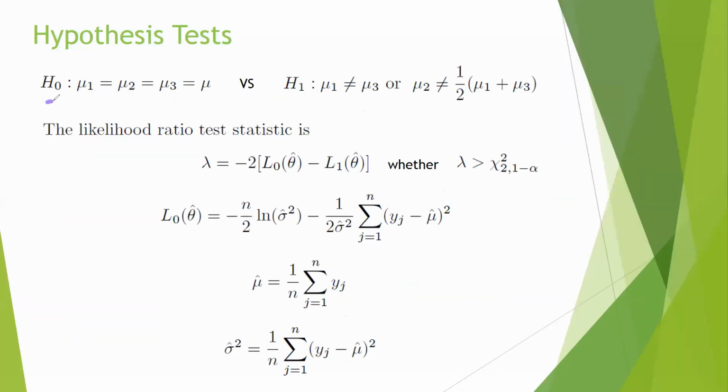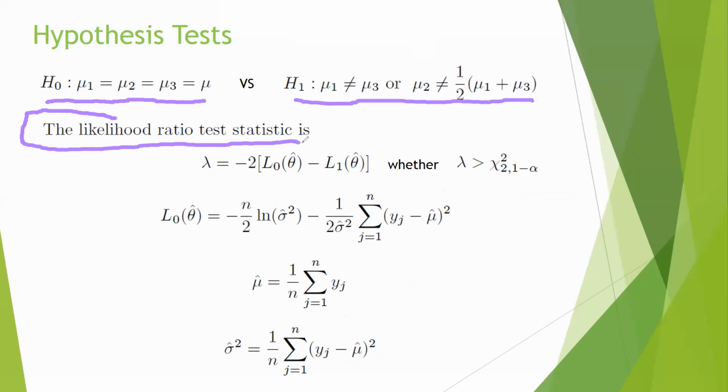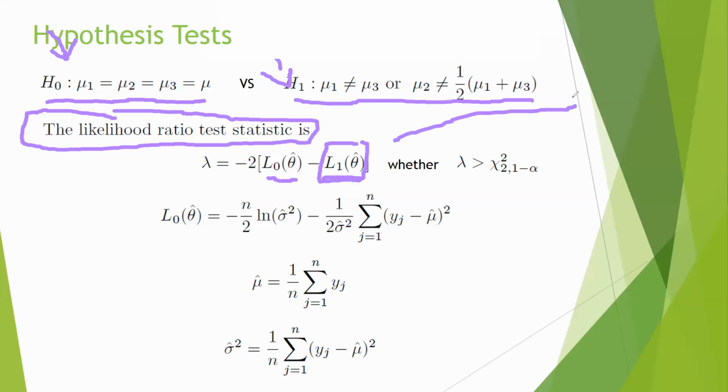We want to test whether there's no difference between three groups or there's a difference between the three groups. We have learned this before, right? We can use the likelihood ratio test statistic to help us test whether this is true or this is true. We can easily calculate the likelihood function for the null model or the alternative model. This is what we got from the EM algorithm.